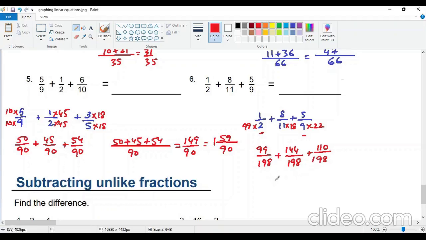Same procedure, make a straight line, write 198 one time only, and 99 plus 144 plus 110 is going to give us 353 divided by 198. It can go only once. 198, 353 minus 198 is going to give us 155 as an answer, and you get full marks if you get this question.